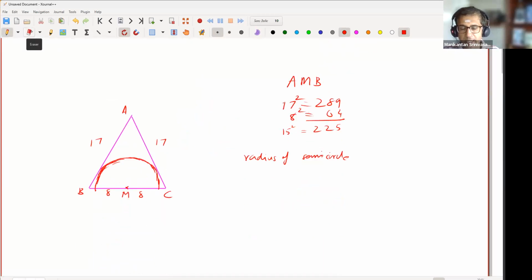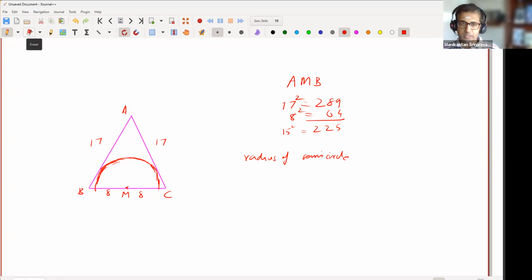Now you have to figure out the radius of the semicircle. Any idea, guys? Knowing what you have covered today, you should be able to solve this.